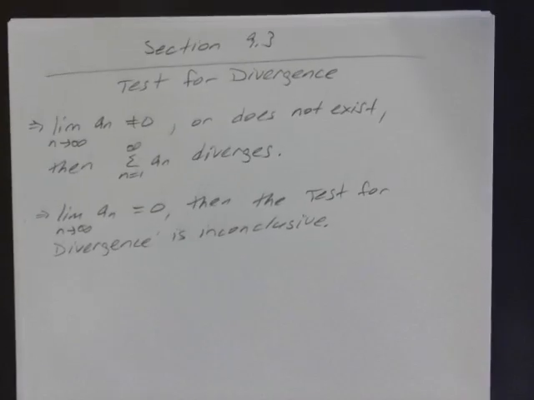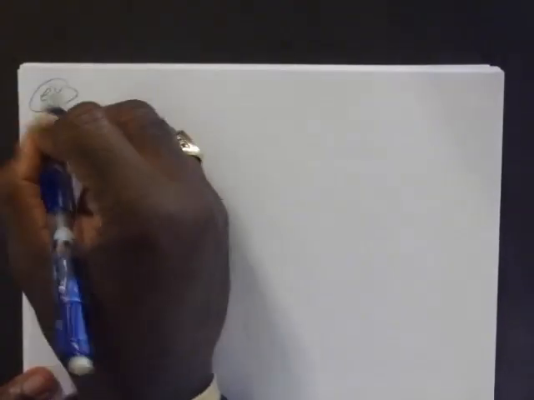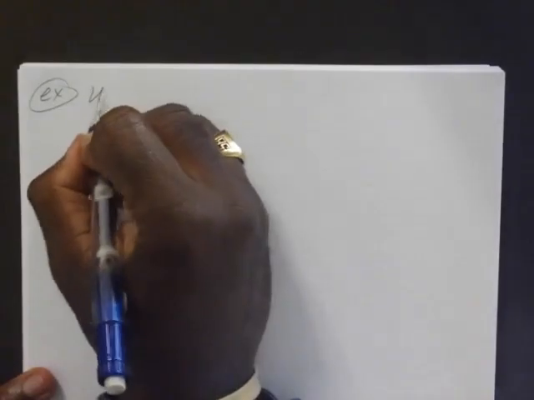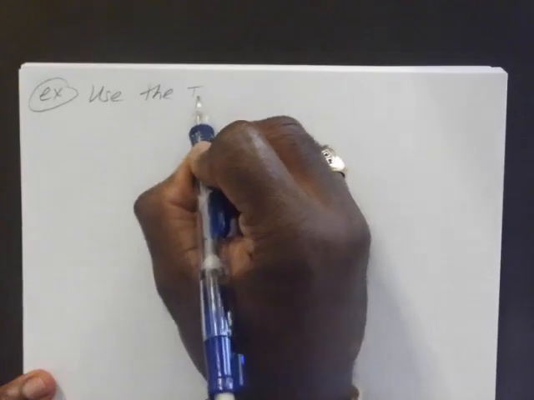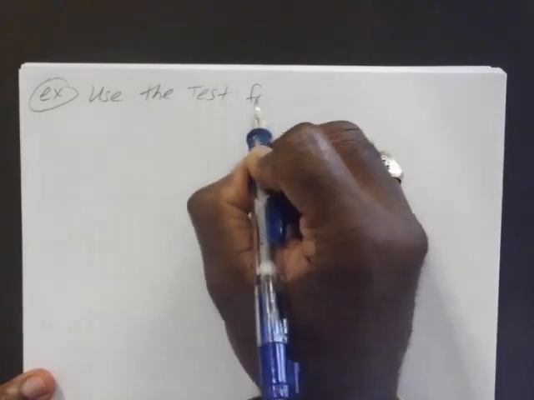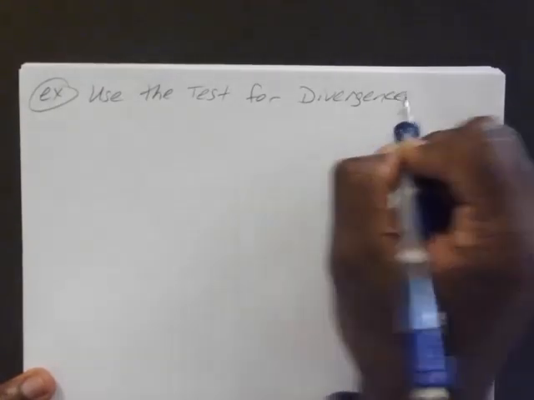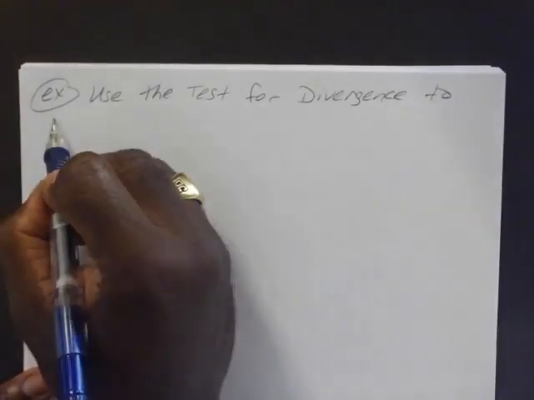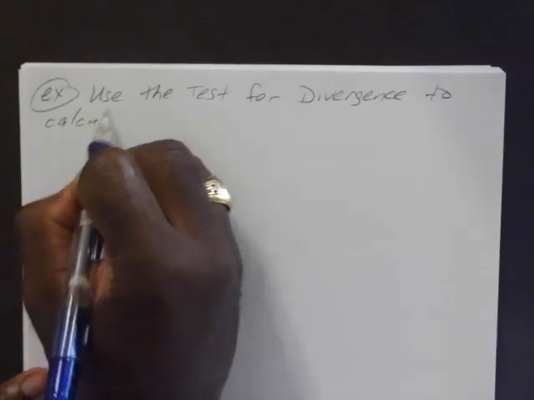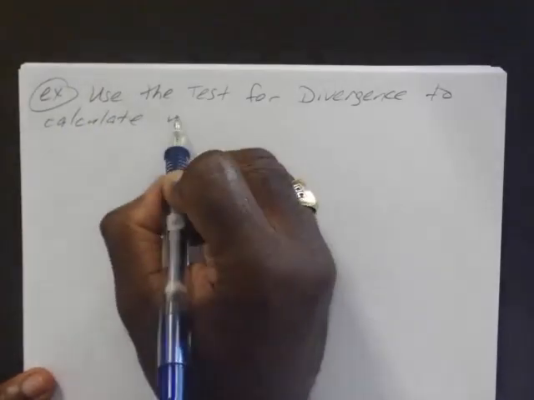All right, so let's say, for example, we want to use the test for divergence to calculate whether or not the test is inconclusive.